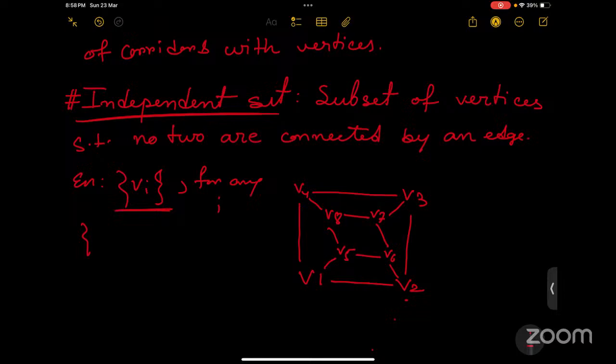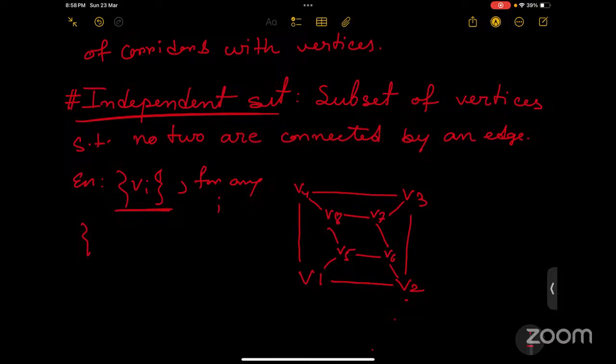If we have V1, V3, it also forms an independent set, right? Or V2, V4. Yes. But the trivial one would be the singleton.